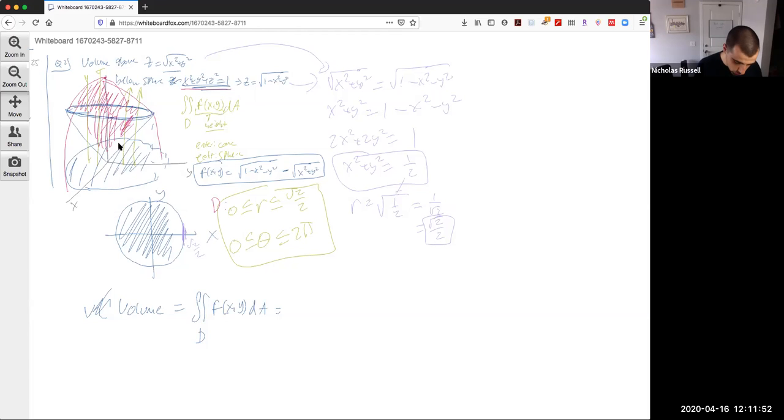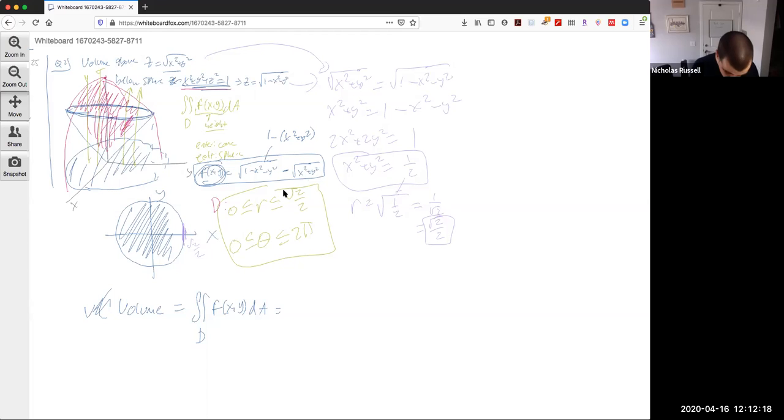I know f of xy is in this form, so now I'm going to replace every instance of x with r cosine theta and every instance of y with r sine theta. As you can see, this is really 1 minus x squared plus y squared, so the inside here actually becomes 1 minus r squared.